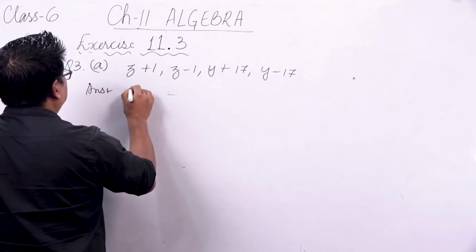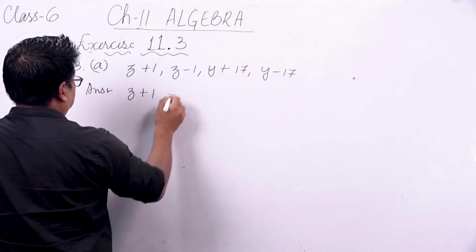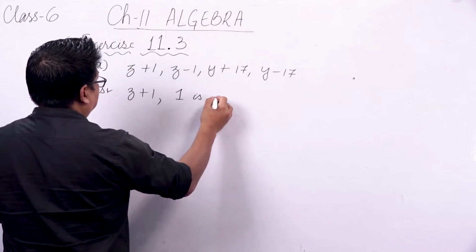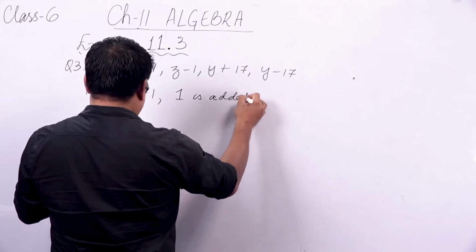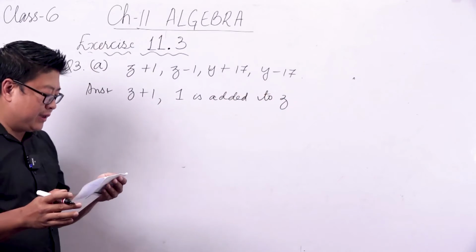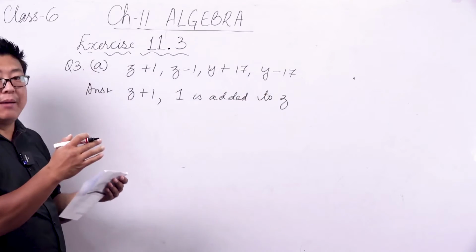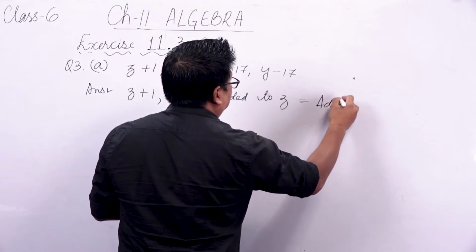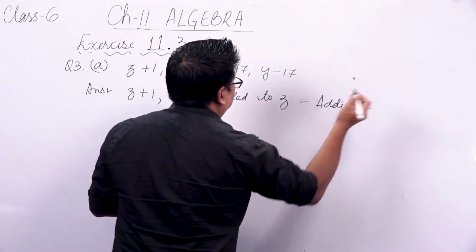Now, z plus 1. Z plus 1 simply means 1 is added to z. So the question is, identify the operation. What is happening? Addition is happening, right? So we can say that they are being added.